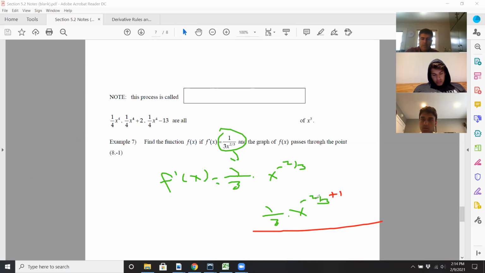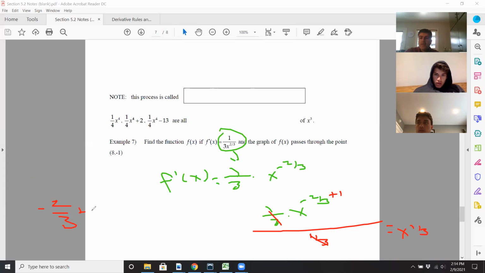When I add 1 to the exponent, the new exponent becomes 1/3. So you divide by 1/3. These cancel, and that gets you x to the 1/3. Because remember, -2/3 plus 1. There's a lot of fraction work we do. So if you're feeling a little iffy on fractions, that's okay. Feel free to use a calculator, or just remember whole numbers can be treated like this, and you make it 3/3.